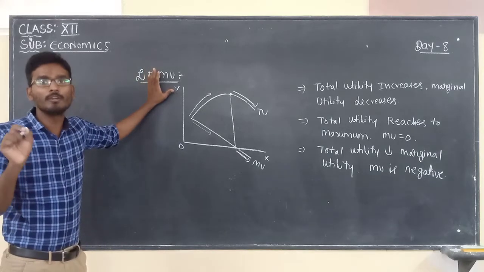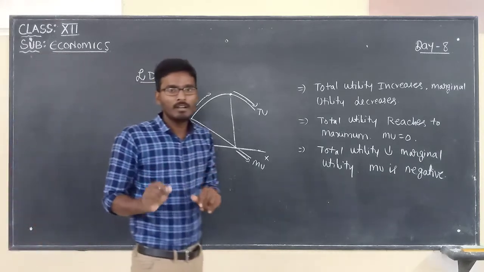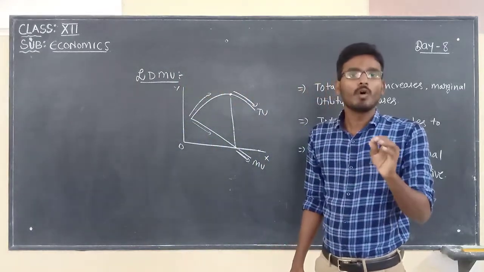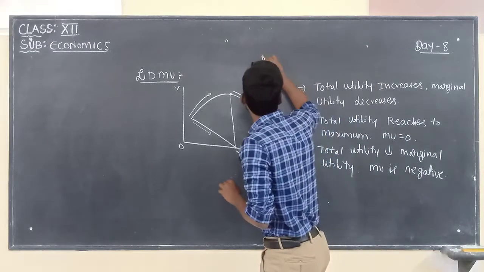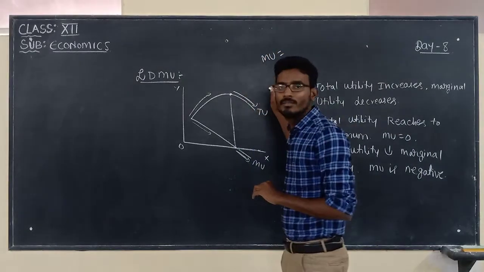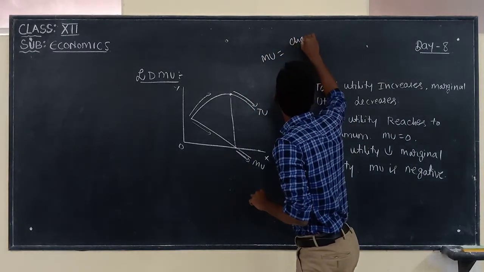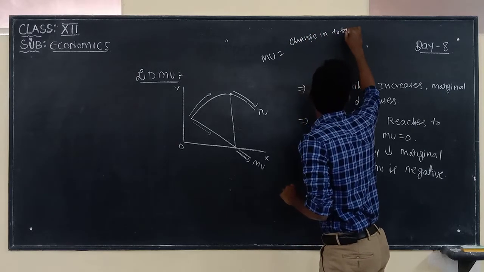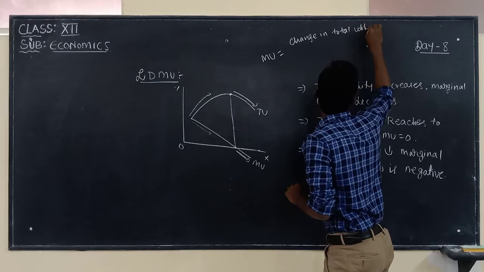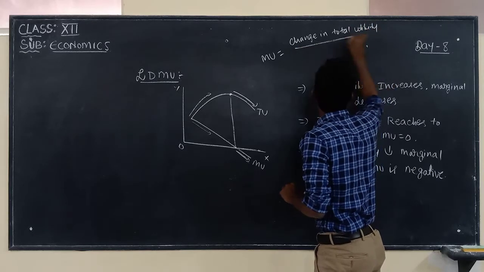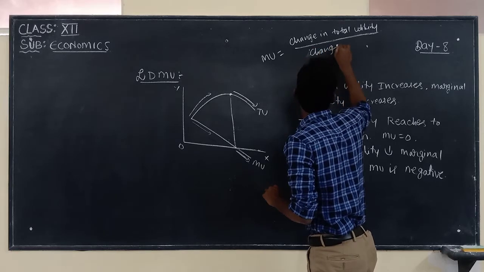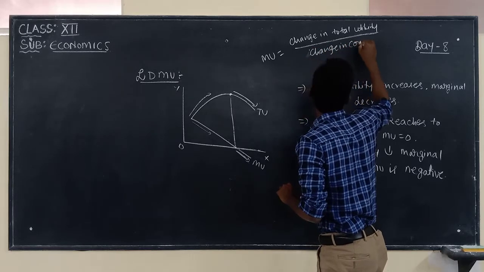Remember one thing, marginal utility is always derived from total utility. So marginal utility equals change in total utility by change in consumption.